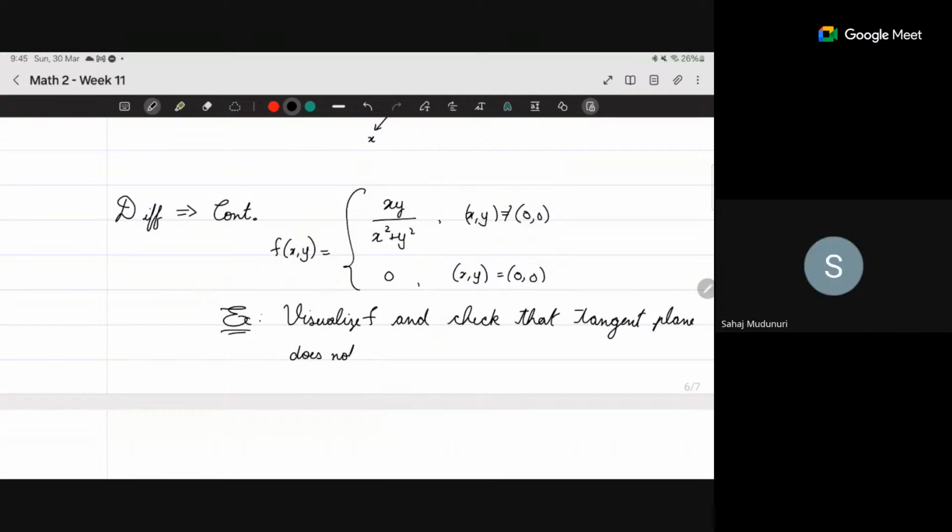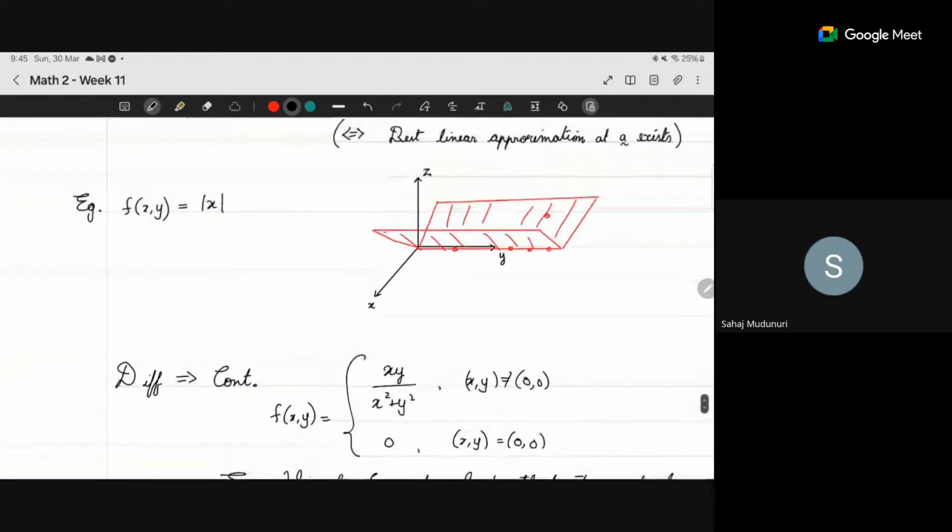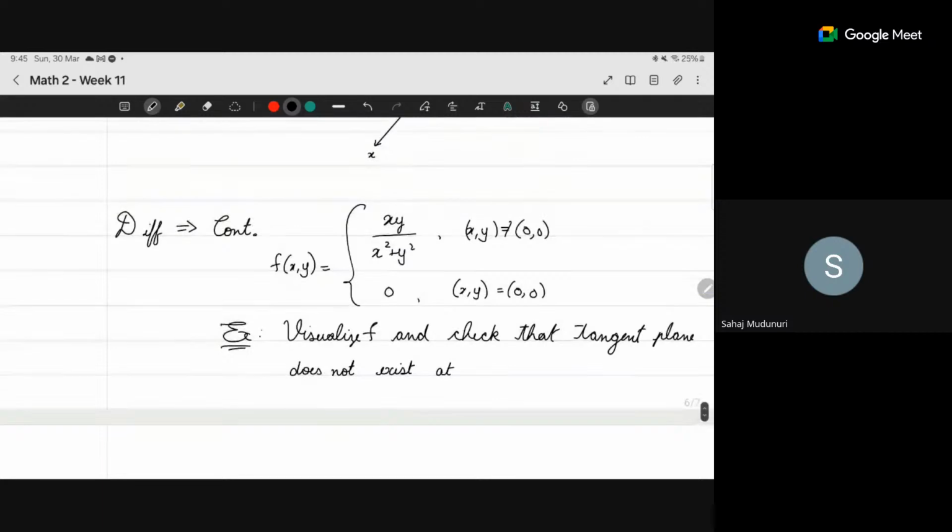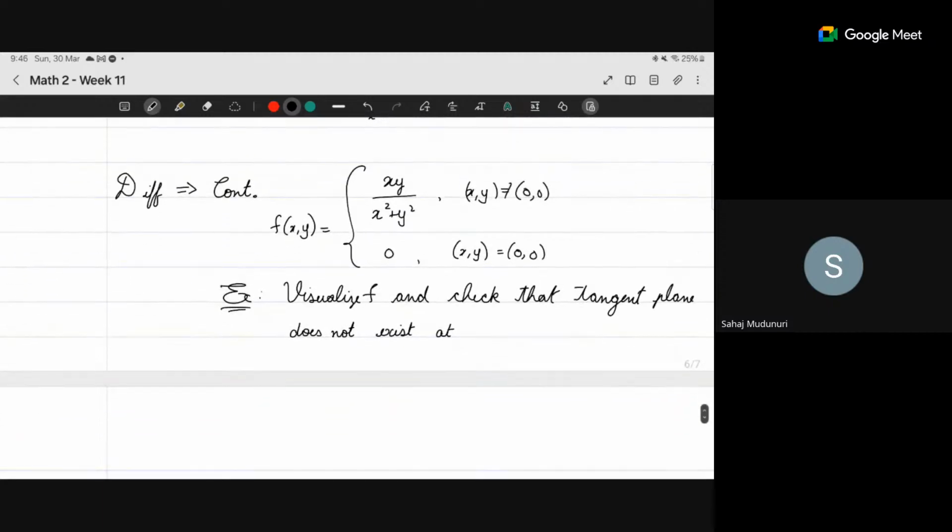So this is an example where it's continuous but not differentiable? No, this is not continuous. That is why it's not differentiable. Oh, so differentiable implies continuous. So this is actually an example where it is continuous but not differentiable? Yes, sir. So here, continuity itself is a problem, so differentiability is impossible. Got it, sir.